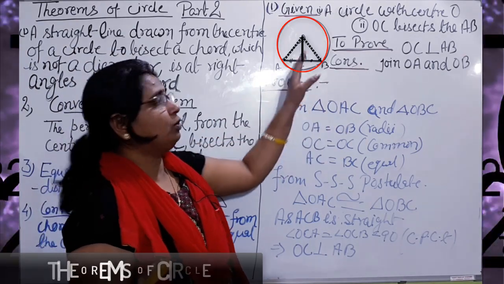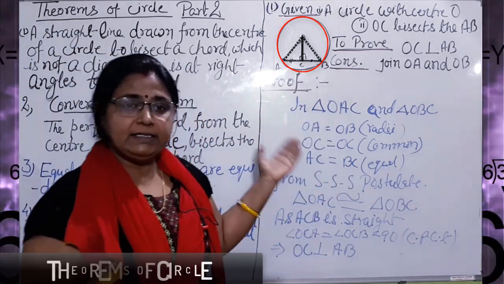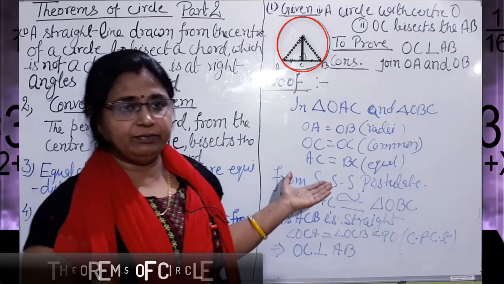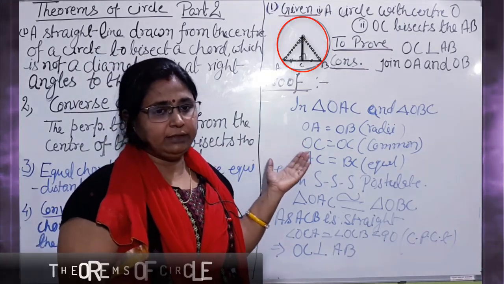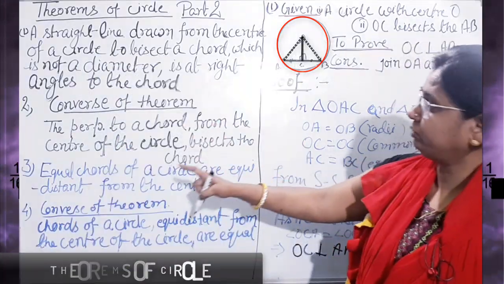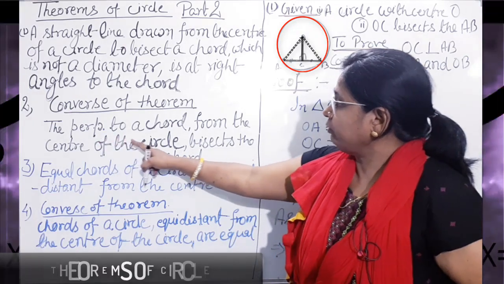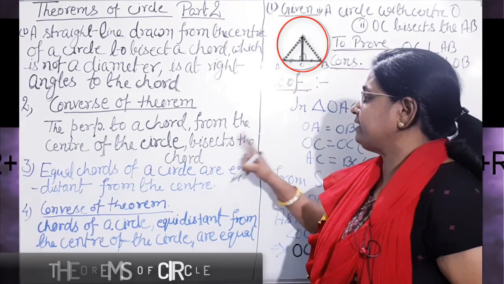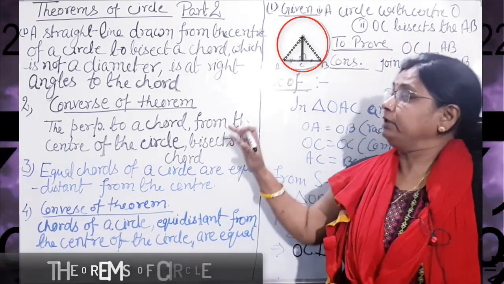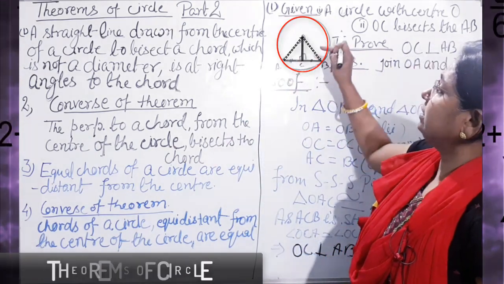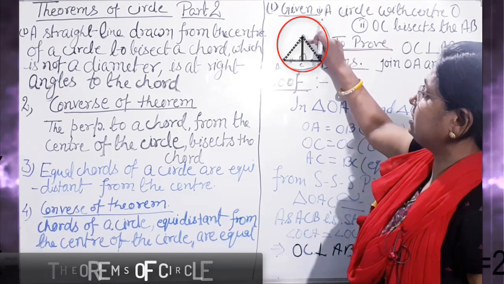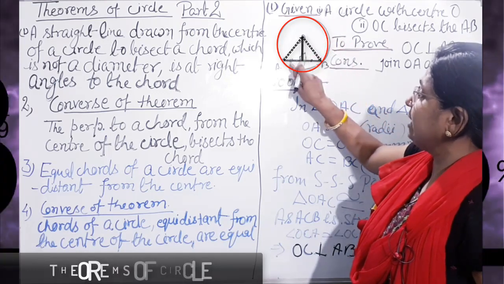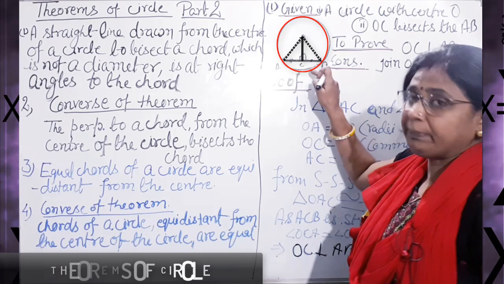Now the first part of this theorem is proved, and second I am going to prove the converse of the theorem. The converse: the perpendicular to a chord from the center of the circle bisects the chord. In the direct theorem, the line drawn from the center which bisects the chord was given, and we proved it is perpendicular.